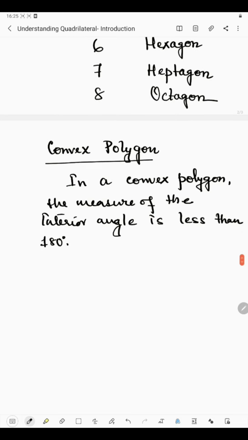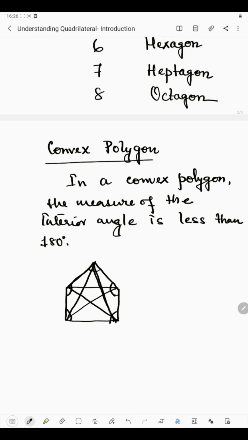Let us draw the figure. Suppose this is called a convex polygon in which the measure of every interior angle is less than 180 degrees, and all the diagonals are formed in the interior of the figure. Like here, these are diagonals of this pentagon, and all the diagonals are inside the figure. So these are called convex polygons.